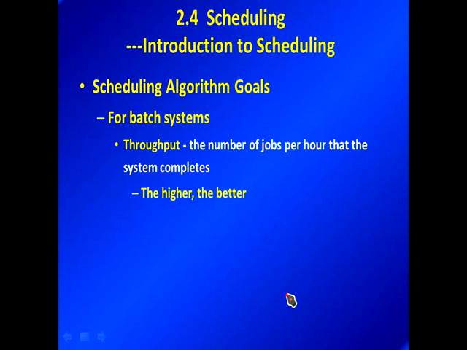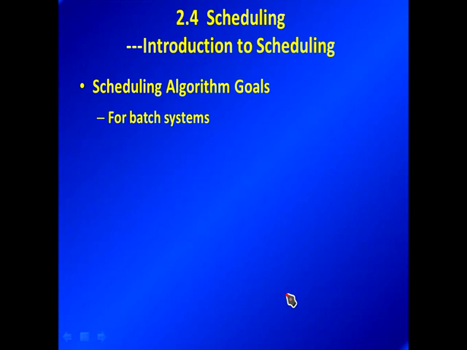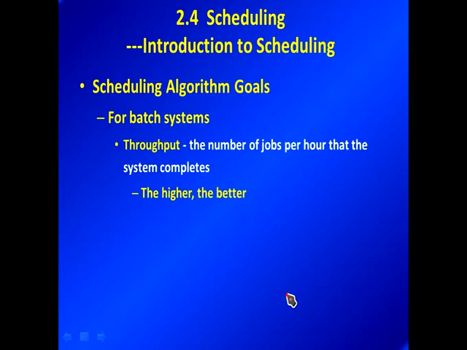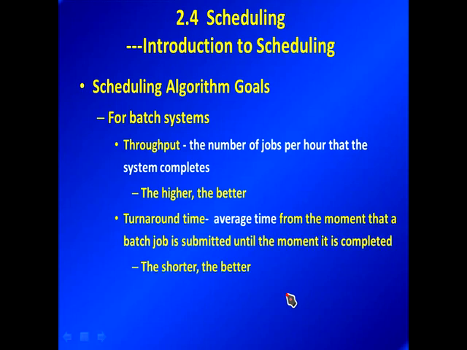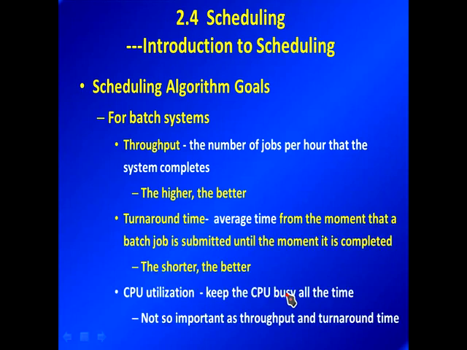And for batch systems, we have some specific goals. There are three criteria to evaluate the algorithms for batch systems. The first one is throughput, the second one is turnaround time, and the third one is CPU utilization.